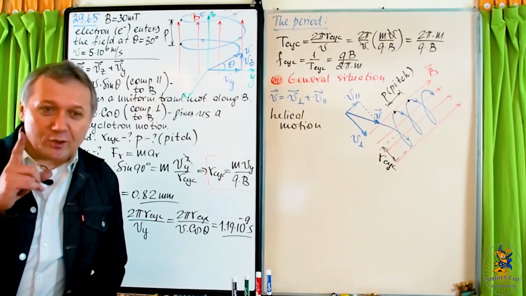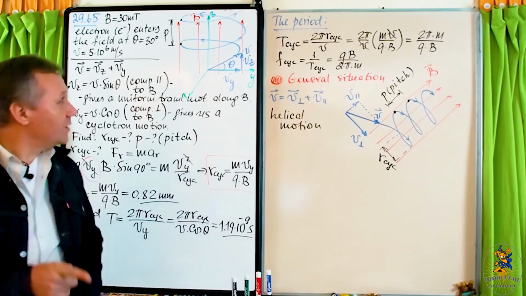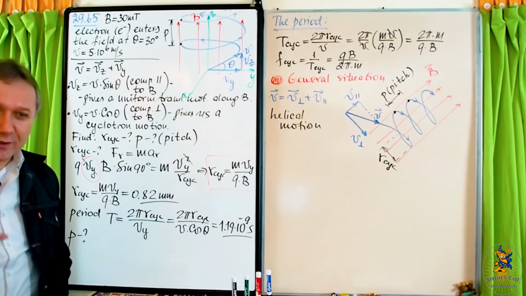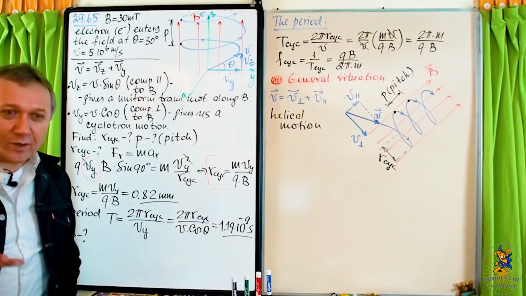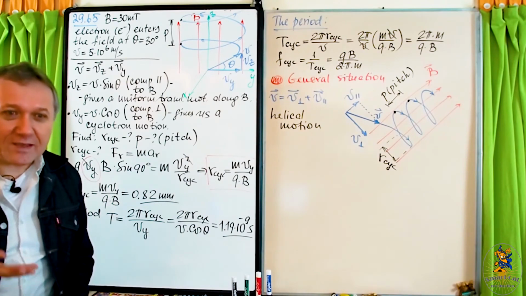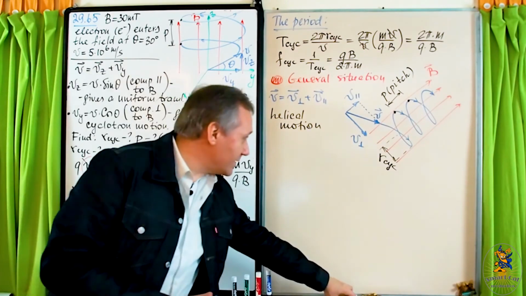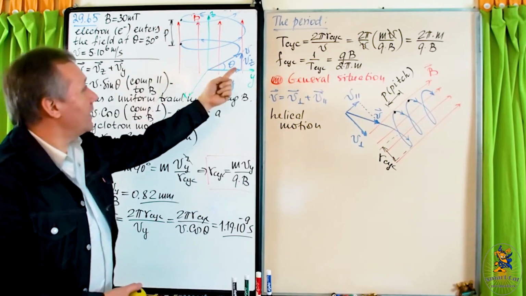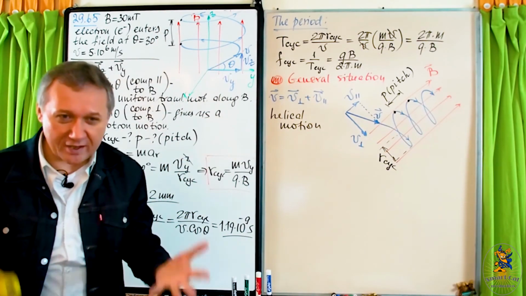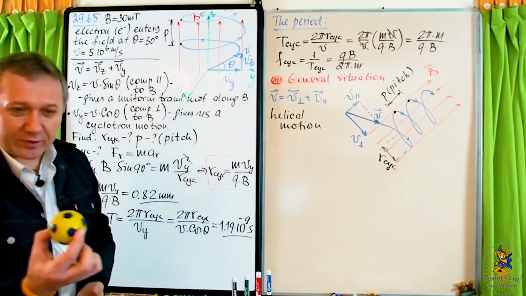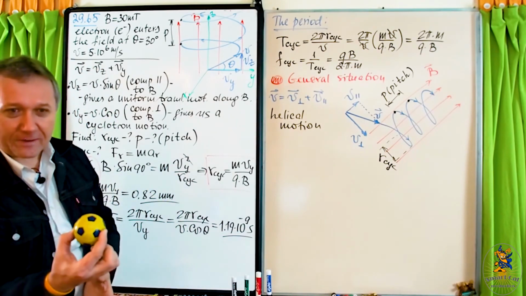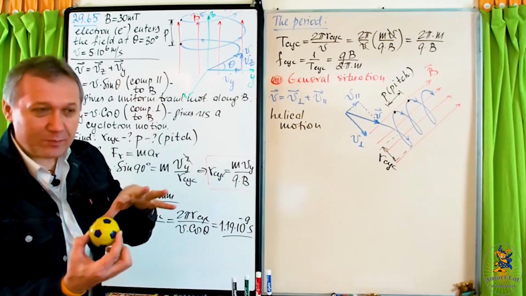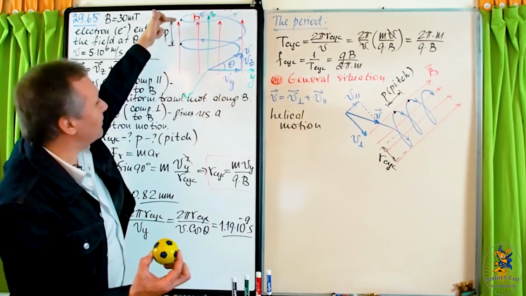Then, do we know the travel time between this point and that point? Of course, we've just found it. It's the period. Because these are two motions, the uniform translational motion and this cyclotron motion, and they're coupled through time. As the particle completes one circle in the cyclotron motion, over exactly the same period of time the particle gets displaced by one pitch.